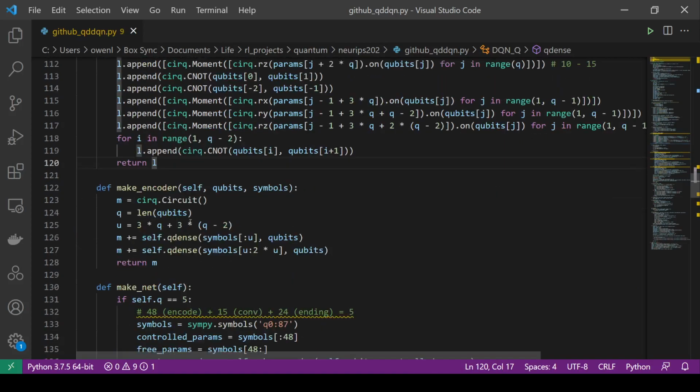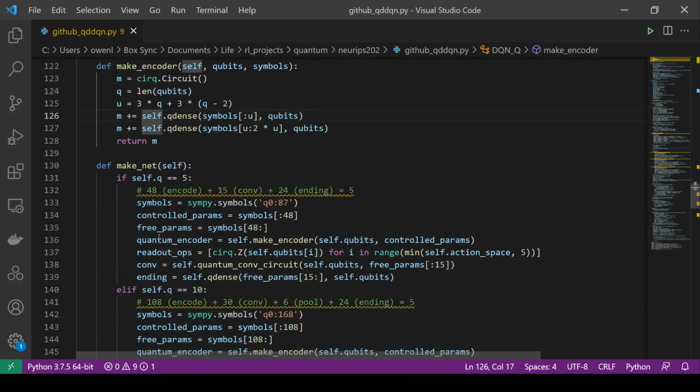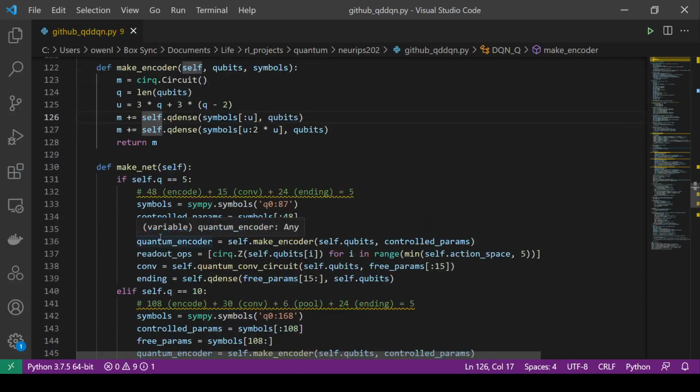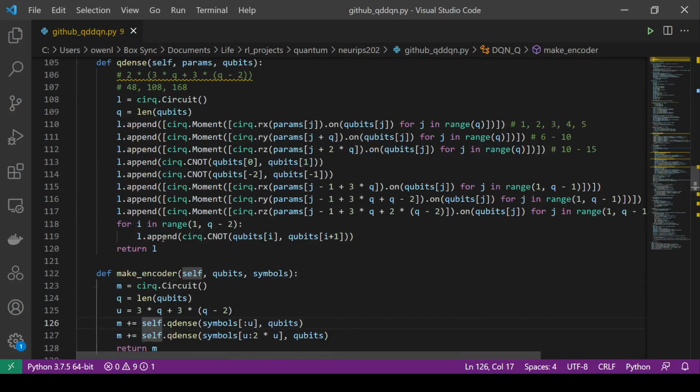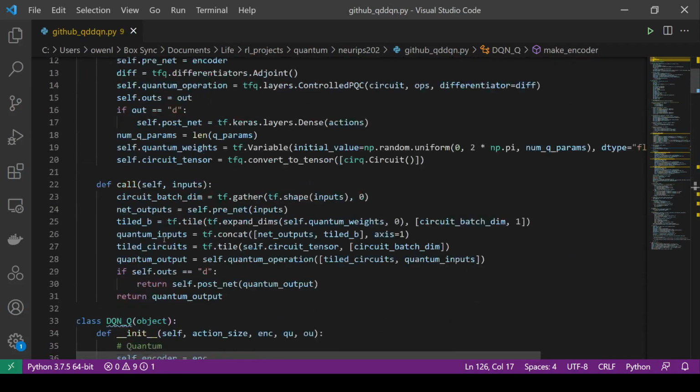To make the encoder, right, we stack two of these layers on top of each other. And then to make the whole network, right? Before I get into that, I'll talk about the hybrid.